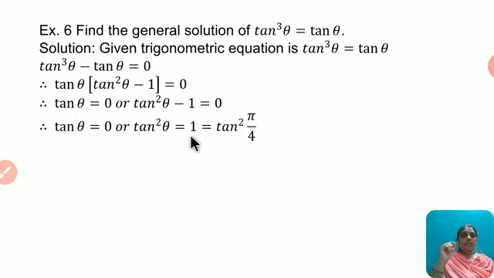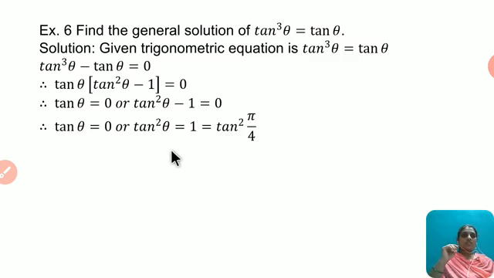Now we know tan of pi by 4 is 1. We can write this 1 as 1 square again. And so we get here tan square theta is equal to tan square pi by 4. Now we know general solution for tan theta is equal to 0 as n pi. And the general solution for tan square theta is equal to tan square alpha, it is n pi plus or minus alpha.